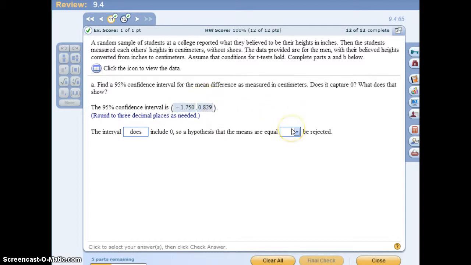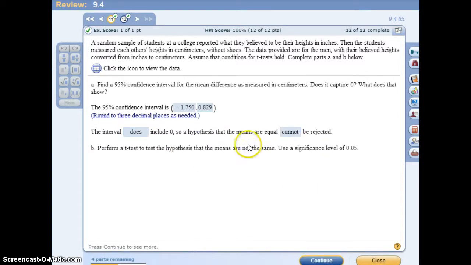So it means that 0 is a possibility, and the mean difference can be 0. So a hypothesis that the means are equal cannot be rejected. We cannot reject the possibility that they can be the same.